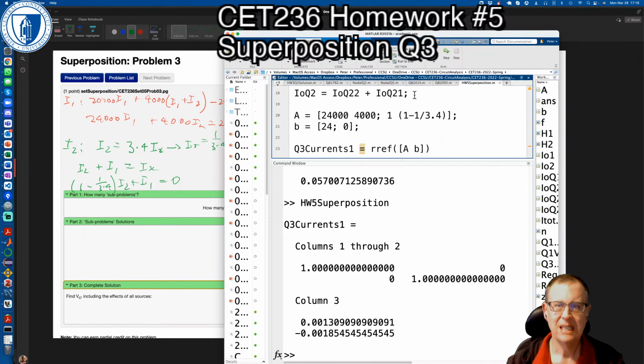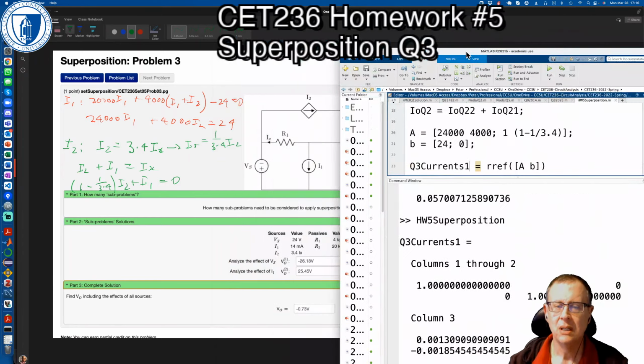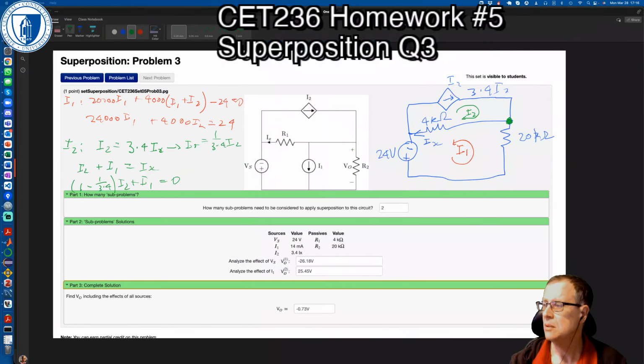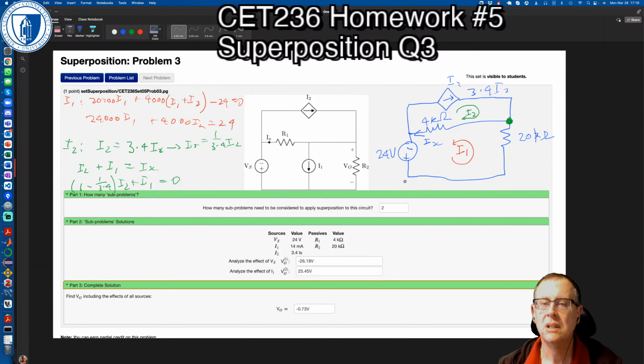So we've got our I2 is minus 1.855 milliamps, and the thing we're after is the voltage across the 20k. So Vout1 is going to be 20,000 times 1.855 milliamps.